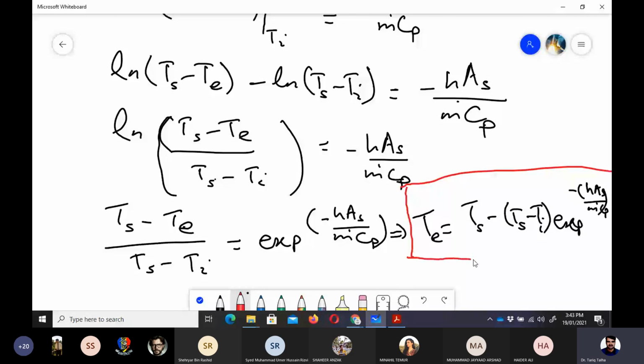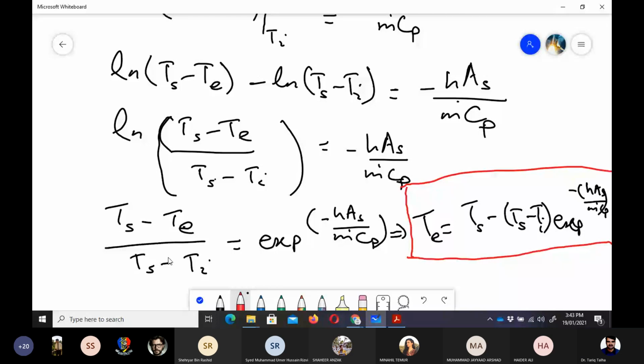And now the second bit is how to see that formula for the logarithmic temperature difference, right? So now we take this equation which is here. Natural log of Ts minus Te divided by Ts minus Ti equals minus hAs upon m dot Cp.